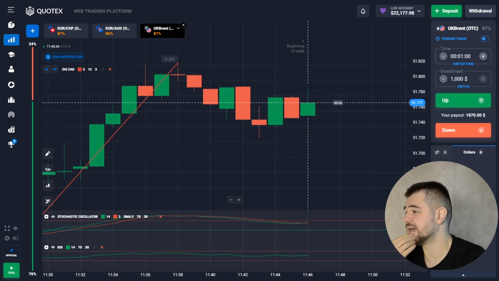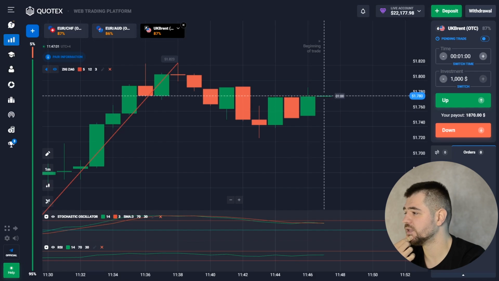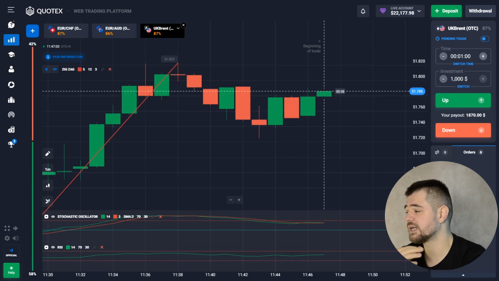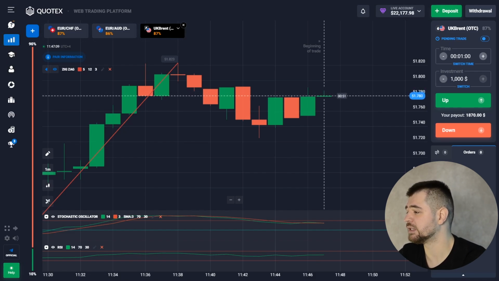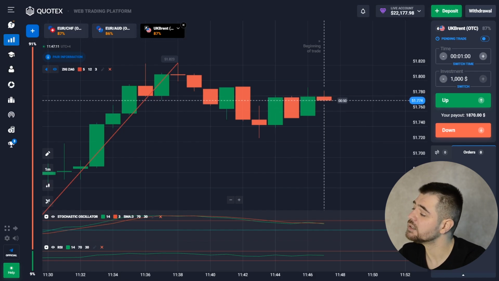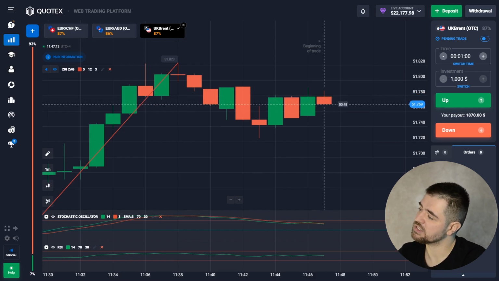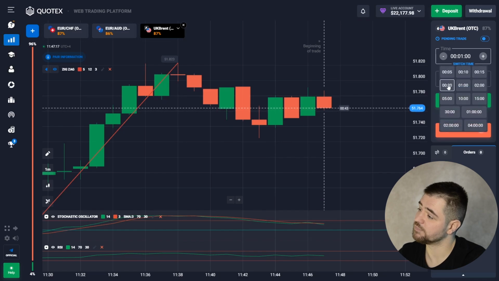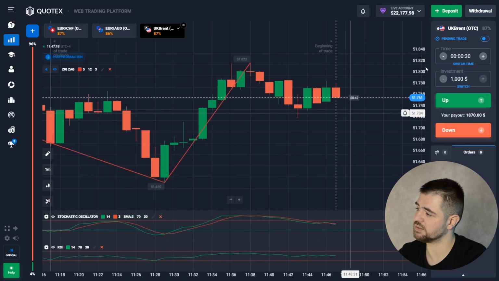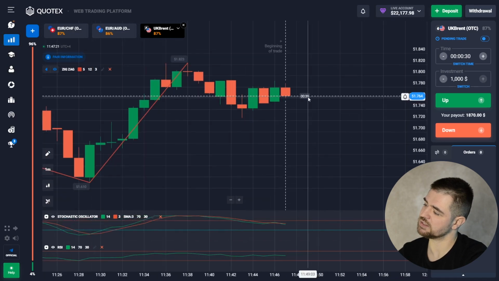It went down a little bit, but it continues with the bullish trend more than the other one. It kind of still doesn't want to go completely through the support level. It did go through it actually, but maybe now it is, maybe now it does, maybe now it's gonna work out.